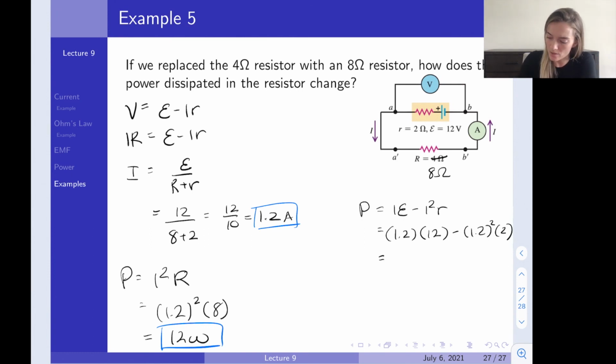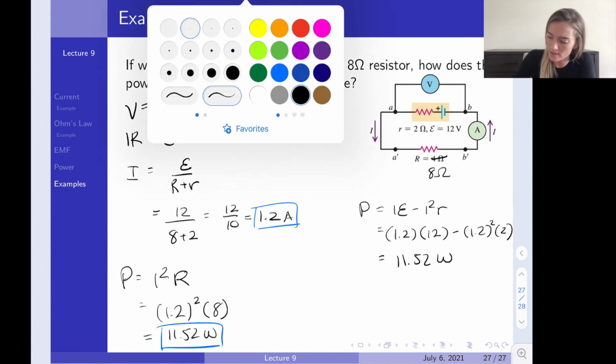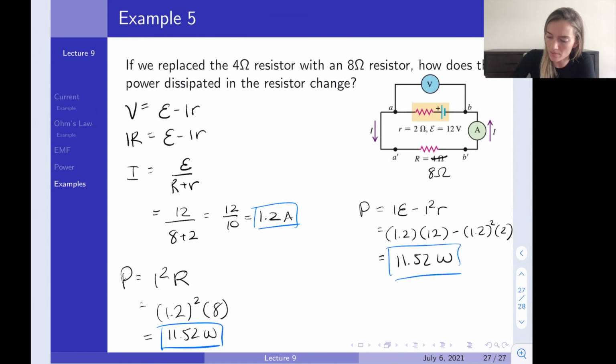This comes out to, technically, 11.52 watts, which I should not have rounded. 11.52 watts here and 11.52 watts there, or 11.5, whatever you want. So our power is the same as we would physically expect. Always make sure you do sanity checks on your work, especially as you're doing these problems, where it's very easy to make a mistake.